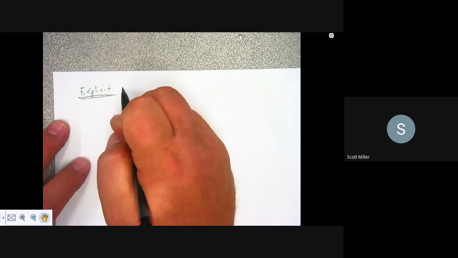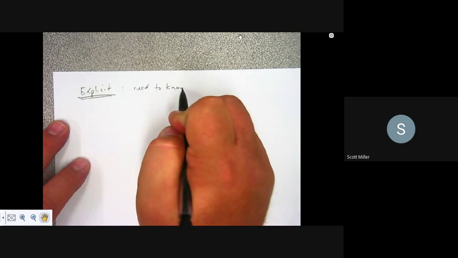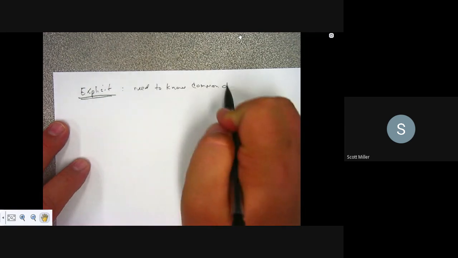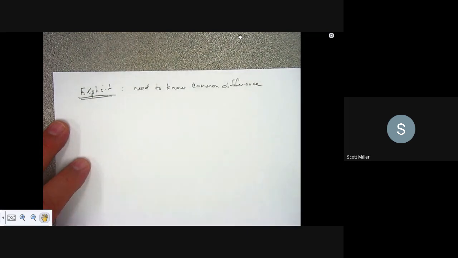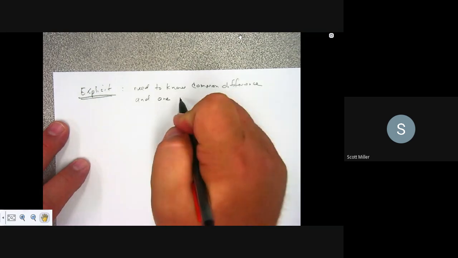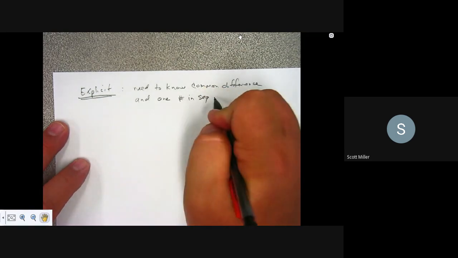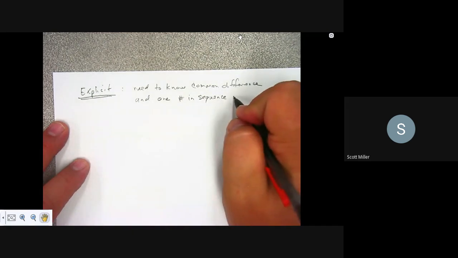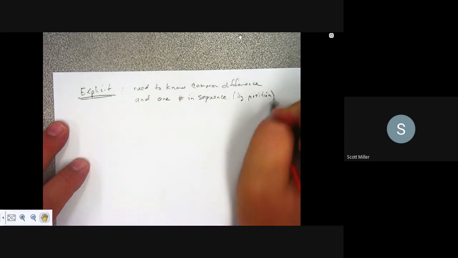You need to know the common difference and one number in the sequence, by position.